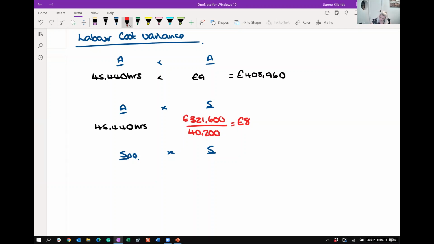So if we multiply that by the actual hours, we've got a flex cost of 363,520. Okay, well done.